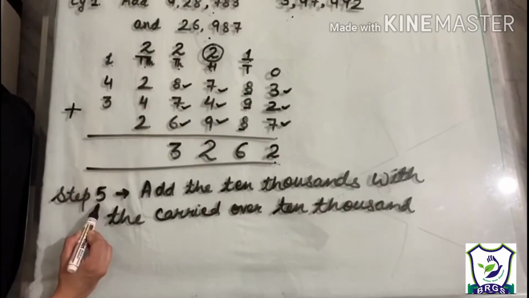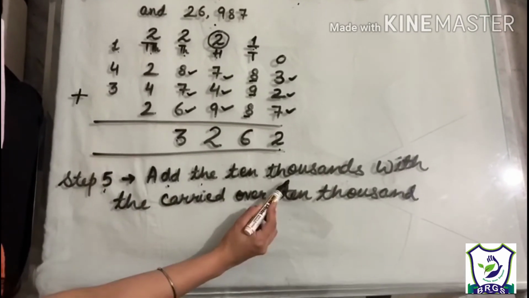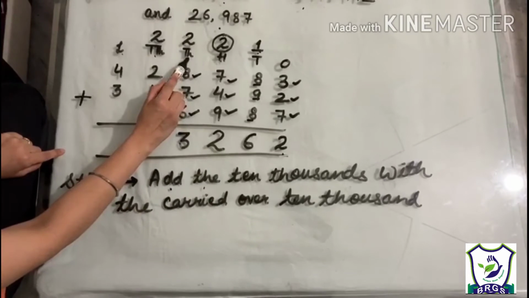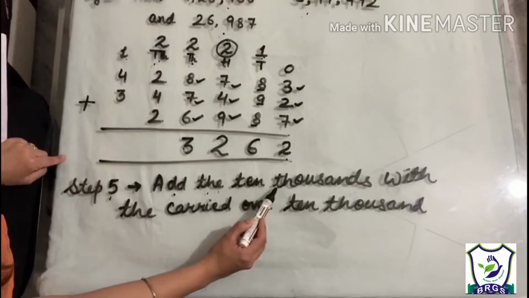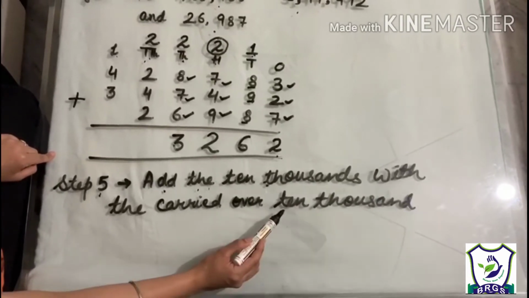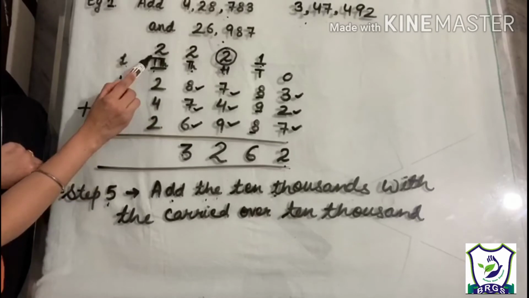Now step 5. In step 5 what will we do? Add the 10,000s. After the 1000 column, what is our next column? Our next column is 10,000. So we'll add the 10,000s with the carried over 10,000. What's the carry over 10,000? Carry over 10,000 is 2.